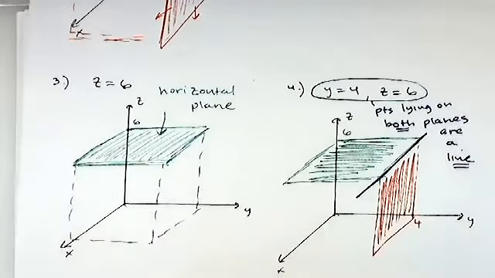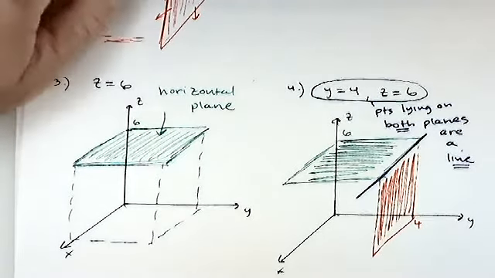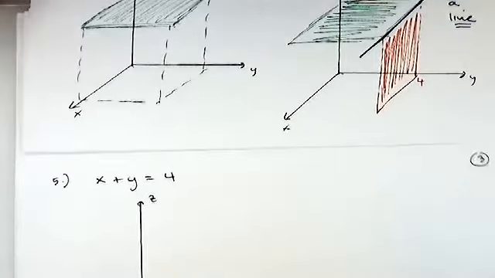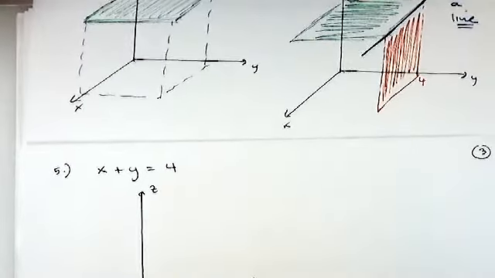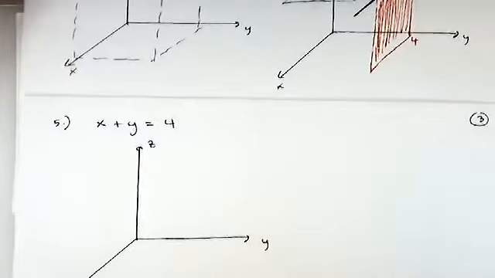That's a line in three-dimensional space, a line coming in and out of the paper. Let's do one more plane, I guess.